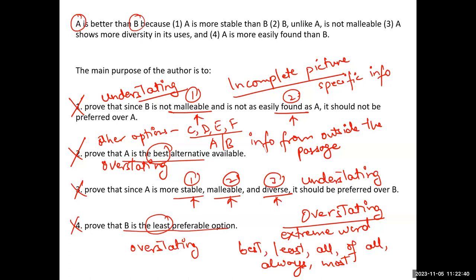Remember that. So you can eliminate that option. So the moment you see any of these words in any of the options, you know that this option is overstating. You can remove that option.